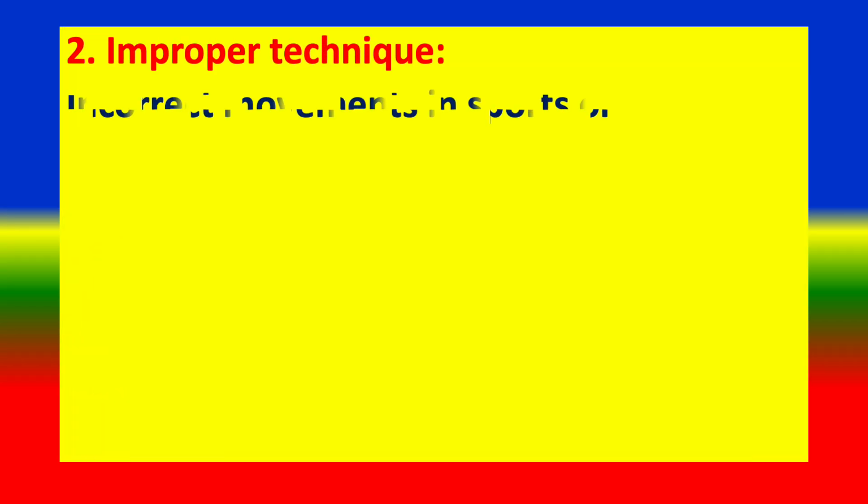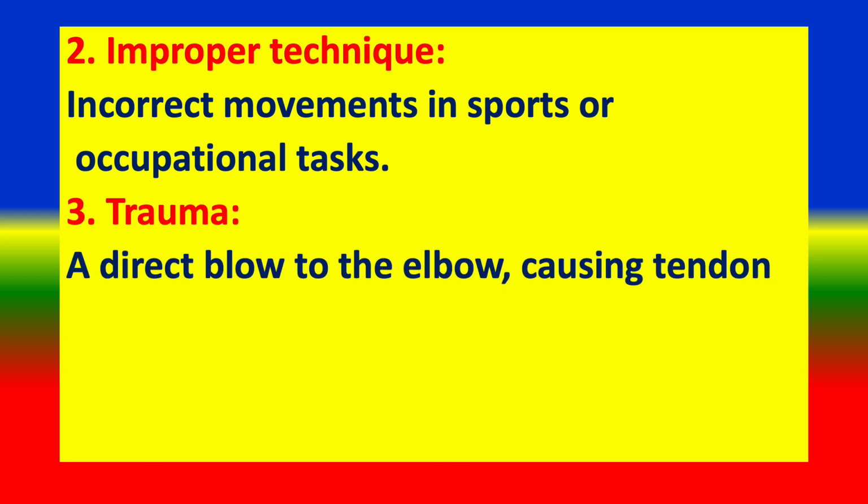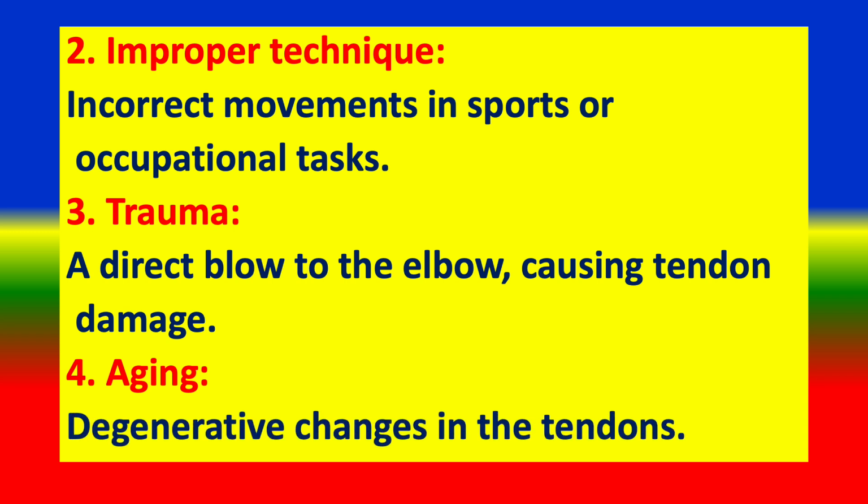Improper techniques, incorrect movements in sports or occupational tasks. 3. Trauma, a direct blow to the elbow causing tendon damage. 4. Aging, degenerative changes in the tendons.